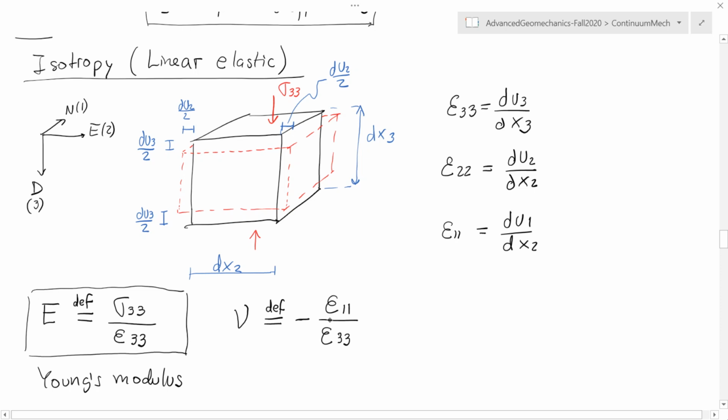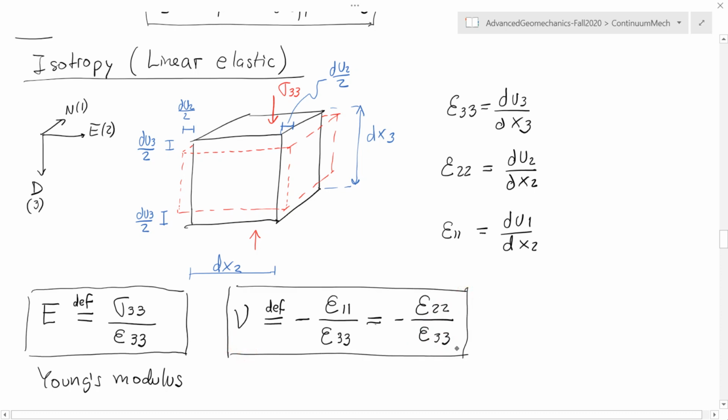And because this solid is isotropic, I can do the same thing for the other transversal direction, epsilon 22 related to epsilon 33. And this is what is called the Poisson's ratio.